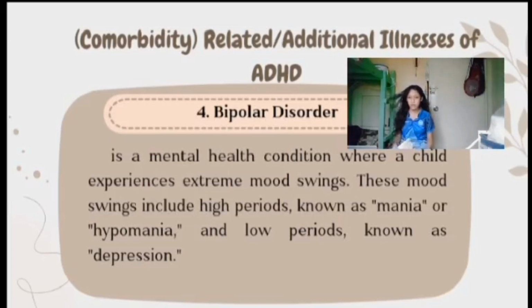Next is bipolar disorder. As we all know, bipolar is some kind of changing from one behavior to another from time to time. It is a mental health condition where a child experiences extreme mood swings. These mood swings include high periods known as mania or hypomania and low periods known as depression.